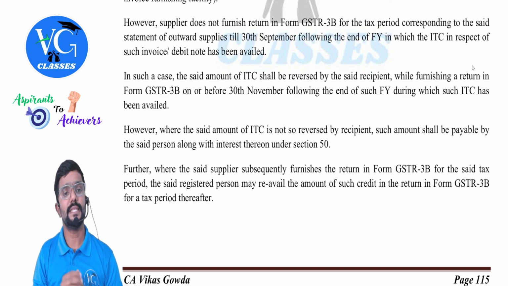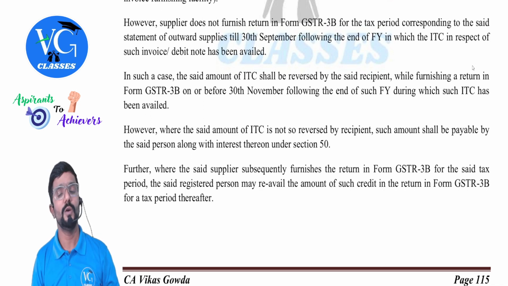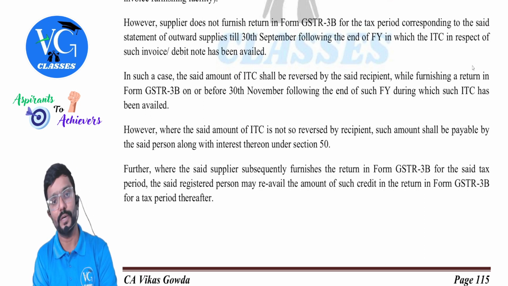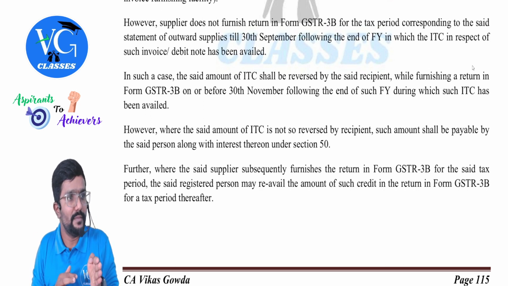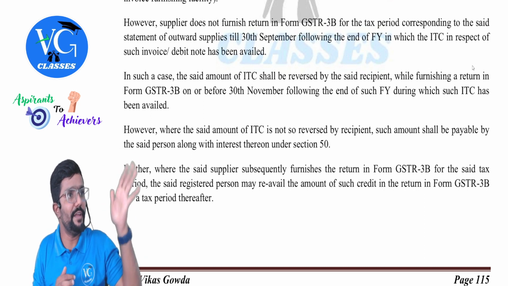In such a case, the said amount of ITC shall be reversed by the said recipient while furnishing a return in form GSTR 3B on or before what date, guys? 30th November following the end of such financial year during which such ITC has been availed. Simple, guys. After 30th September, if GSTR 3B is still not filed by the supplier, the supplier is in default.